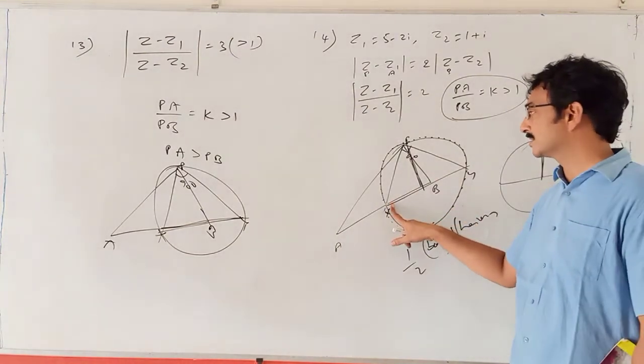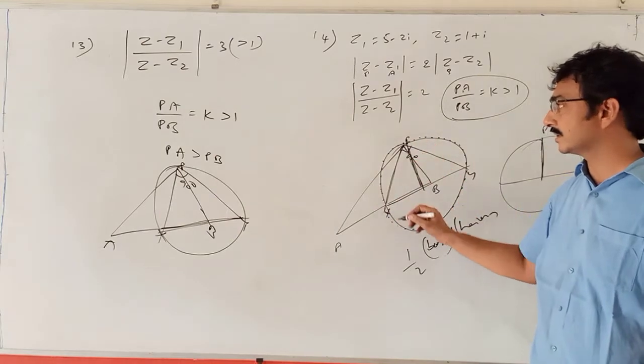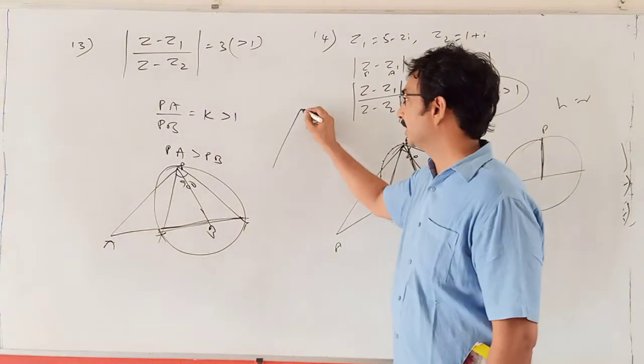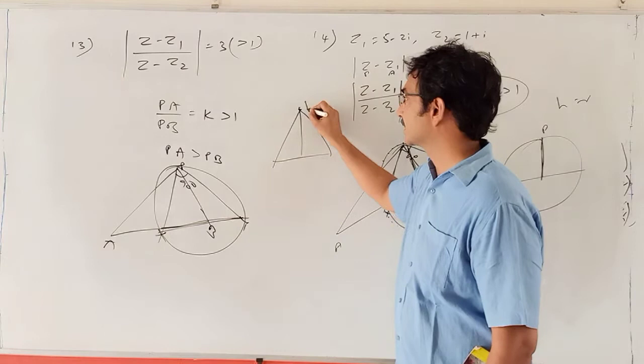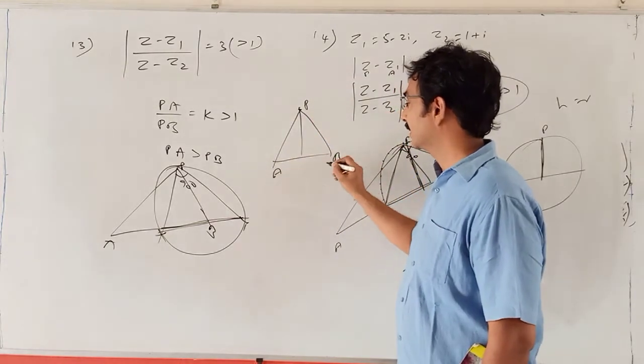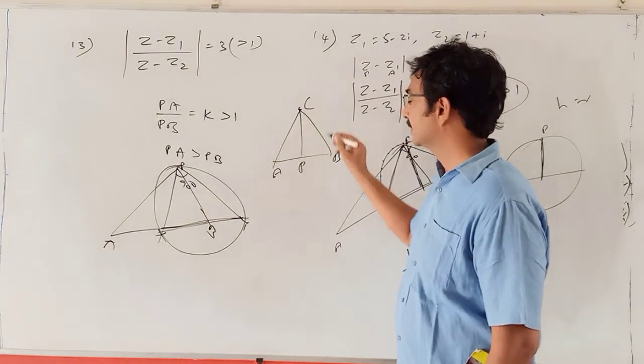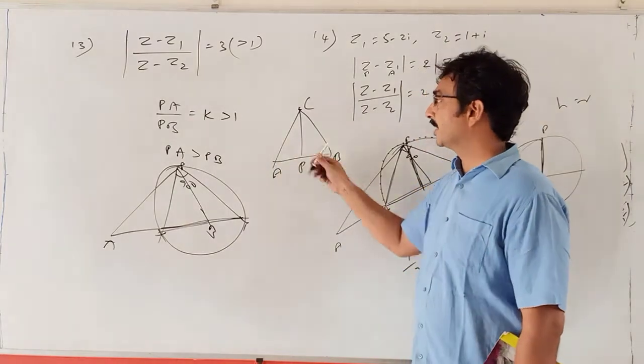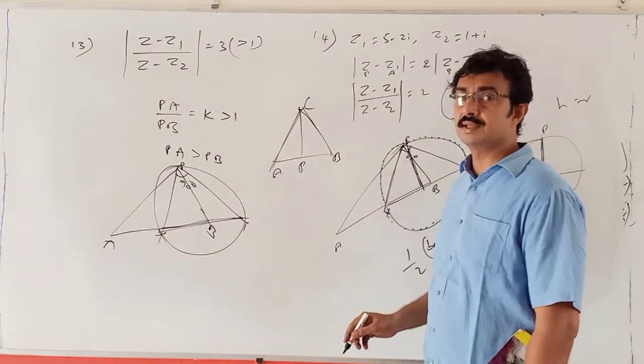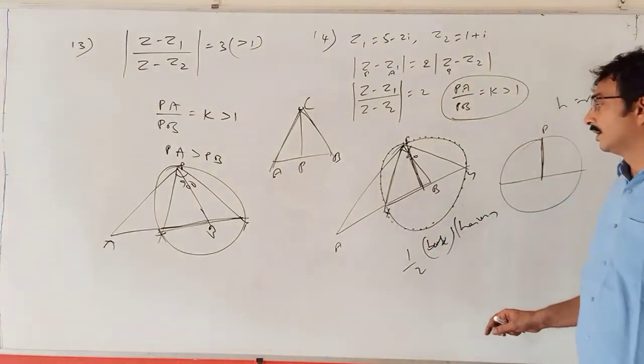Clearly X divides AB. See, this is the internal bisector, one of the properties of internal angle bisectors: P divides AB bar in the ratio PA to PB.